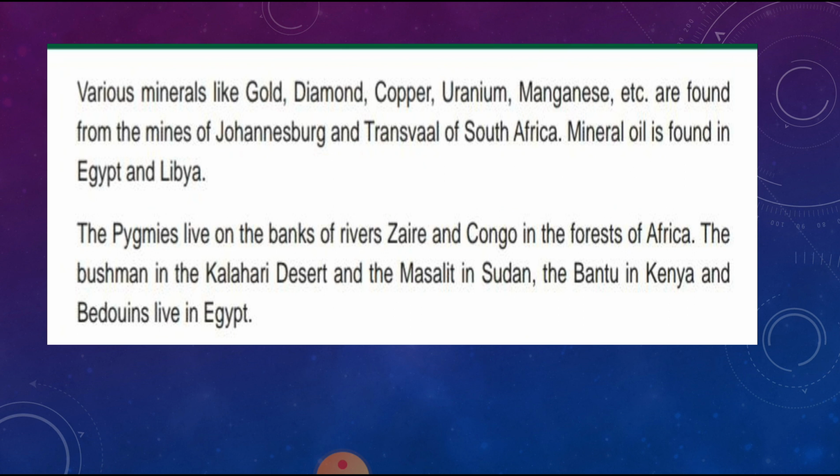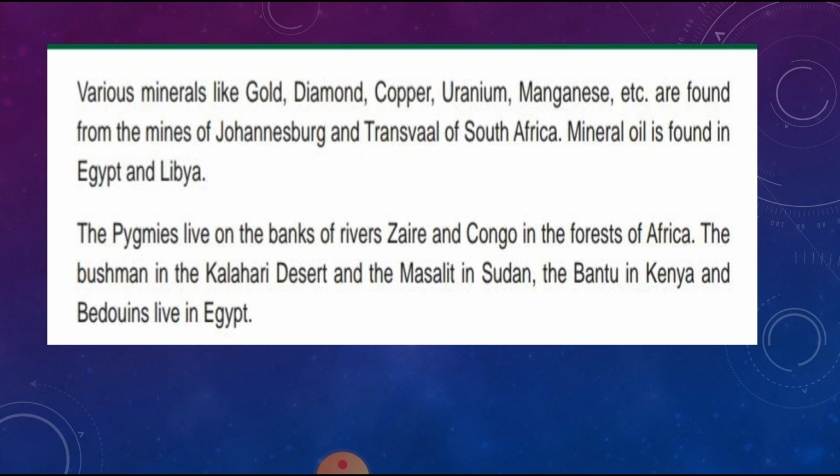And the pygmies live on the banks of the river. Who are pygmies? Pygmies are members of certain peoples of very short stature in equatorial Africa and part of Southeast Asia. They are nomadic hunter-gatherers, with an average male height not above 4 feet 11 inches.